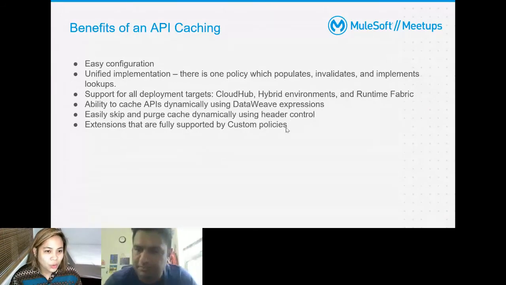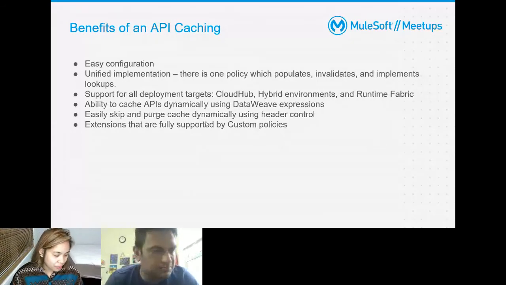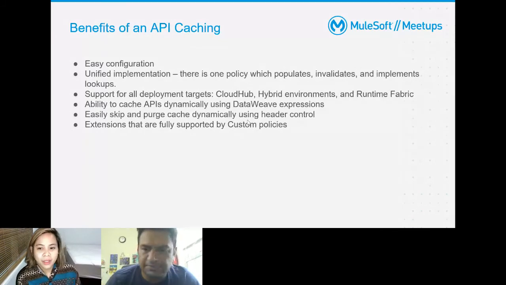Okay. So the benefits of API caching: of course, it's easy to configure. And like I said, it's supported for all deployment targets. I guess with customer-hosted, it's not. Yeah, I believe it's not. So it's for CloudHub, Hybrid, and Runtime Fabric only.